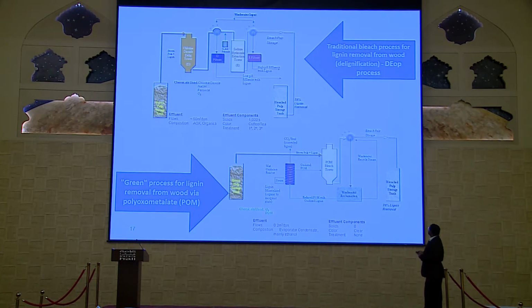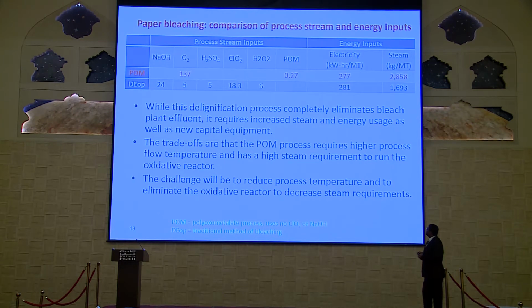These are the two processes, and the advantage we can see in the next slide. If we use POM, in a greener way, we are not using sodium hydroxide, sulfuric acid, chlorate, etc.